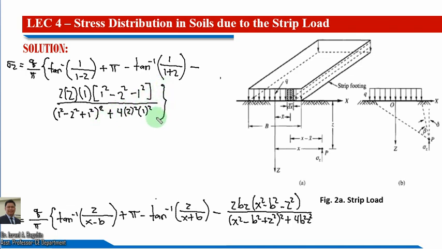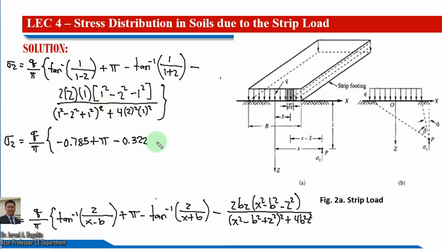Okay, so we have now the value of sigma z equal to q over pi times, so we have here this value in radians equal to minus 0.785 radian plus pi, and minus this one, equal to 0.322 radian, and minus the value of this quantity here.